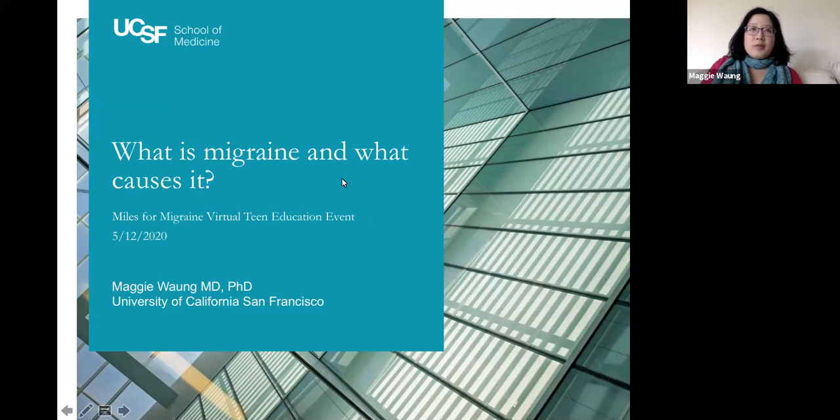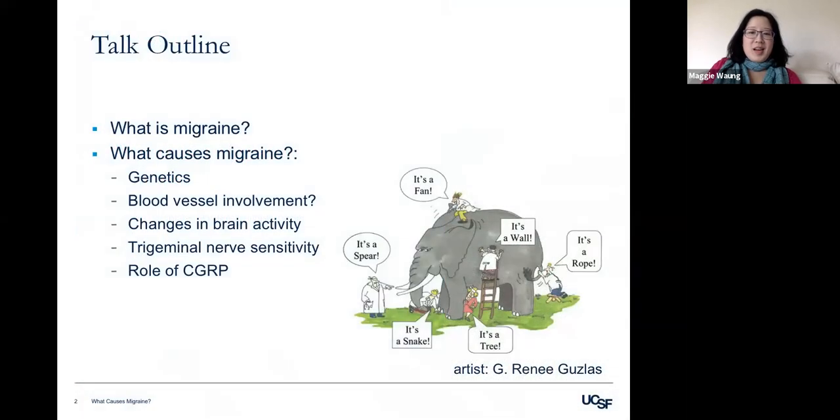I think one of the most frustrating things about treating migraine and seeing migraine patients is not being able to tell them what migraine is. This applies to many things, but this is an illustration of the story of the blind scientists who are studying different parts of an elephant, and they come to different conclusions.